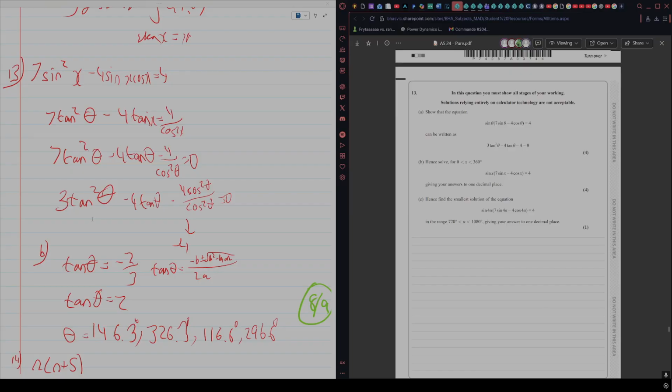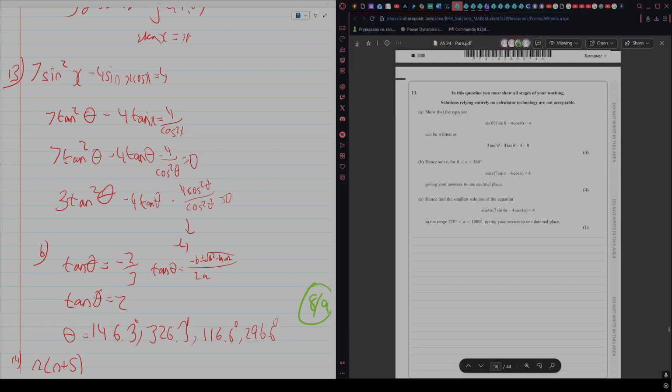What have I done here? Oh yeah, so you say that 7 tan squared is 3 tan squared plus 4 tan squared. This minus 4 over cos squared isn't very happy because it has a cos in it and not tan.